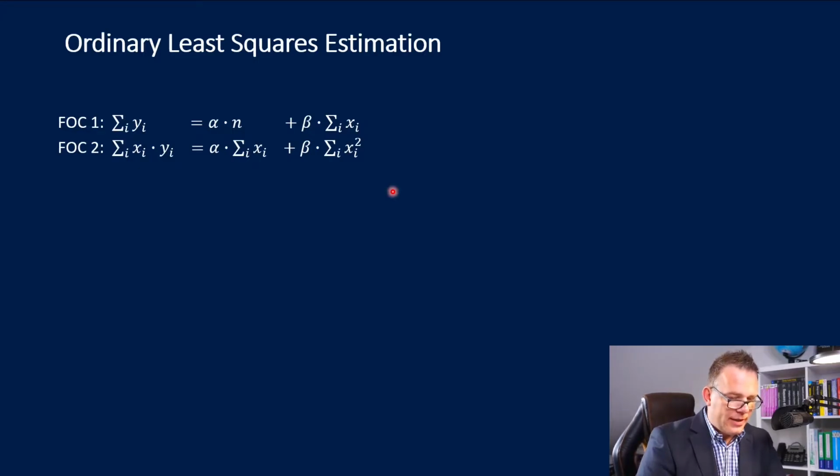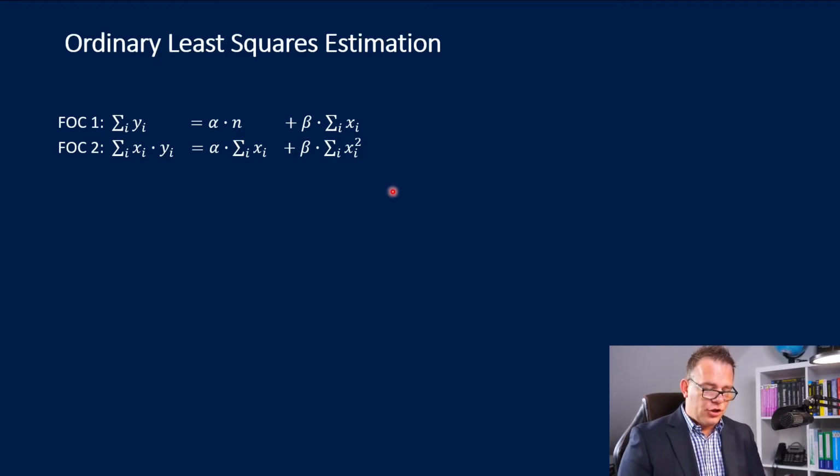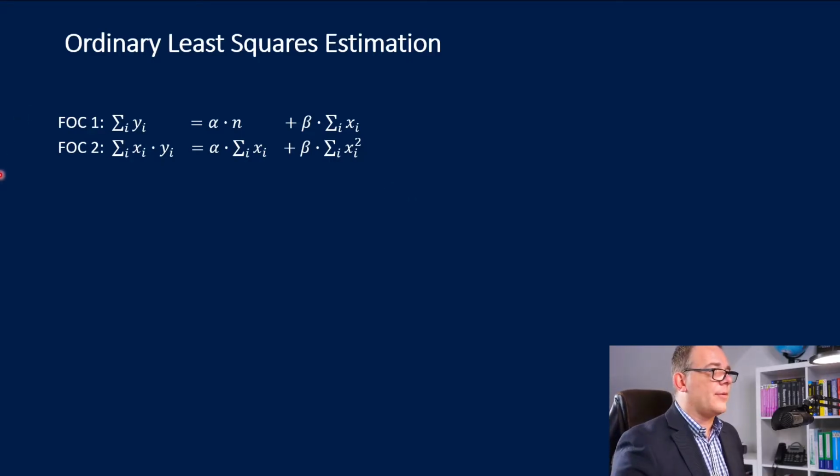But there is one additional piece of information that I want to give you, and that is only for the univariate case where you only have one explanatory variable, because you can rearrange those formulas very, very beautifully. And let me show you how that works out.